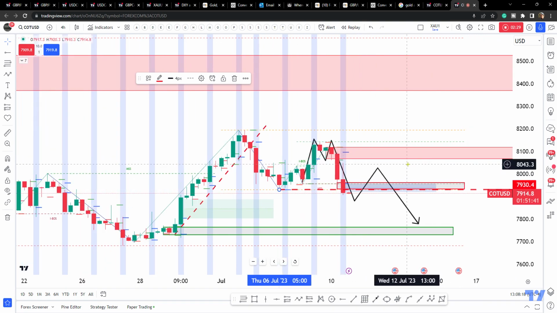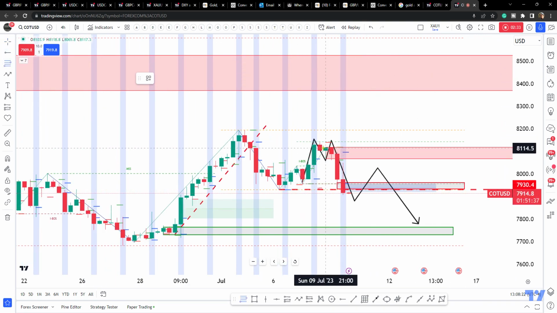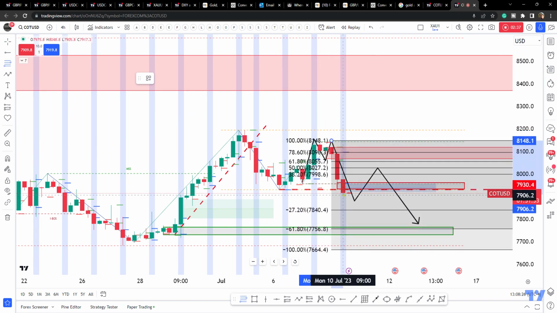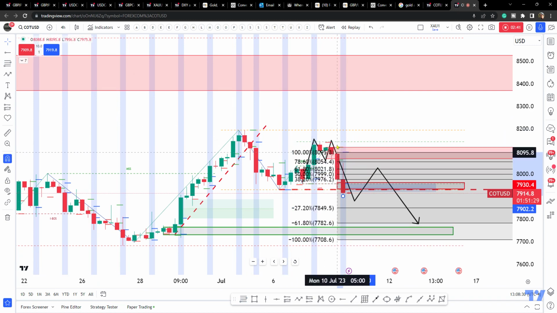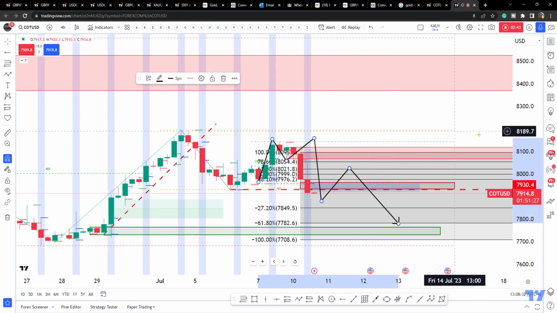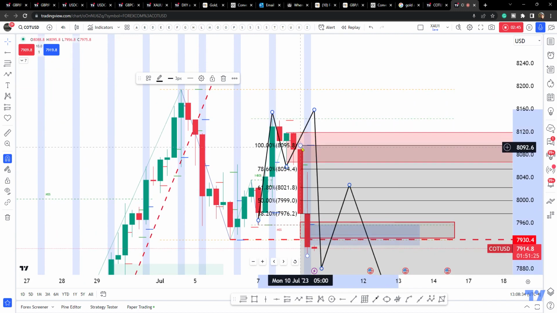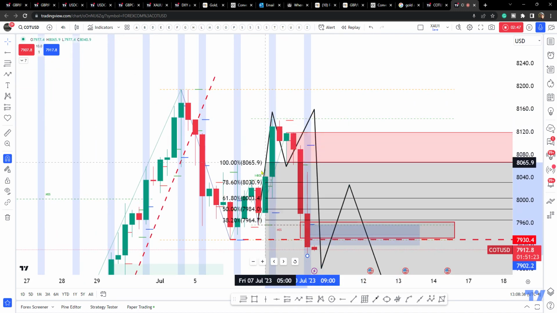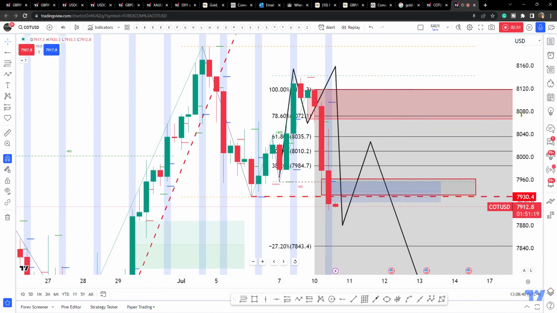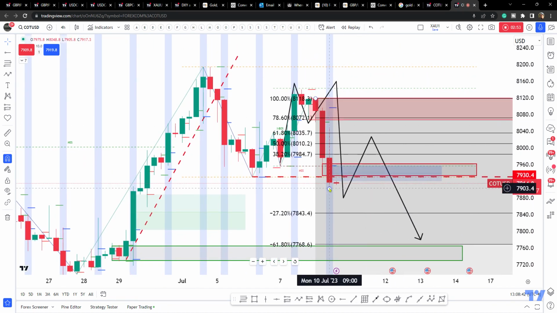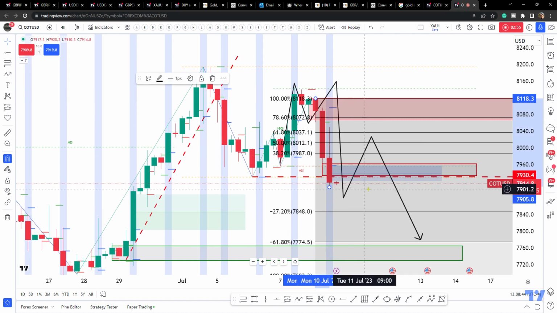And on the upside, we could start drawing our Fibonacci if we're going to presume that that's the end of the move for now. I'm going to try and get that high on the Fibo. So I'd say that's the high really. And this is the low so far.